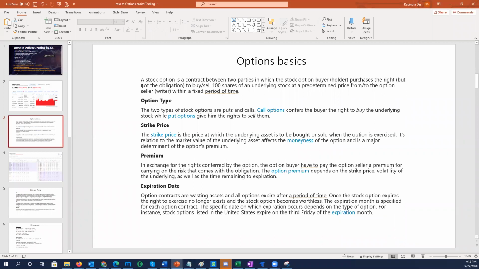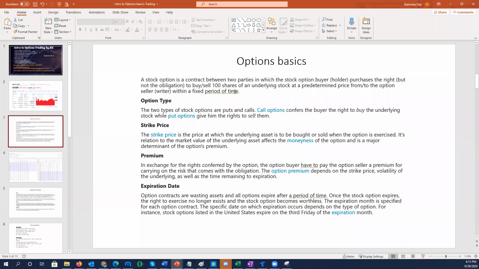So if you understand this again, the buyer has the right, not the obligation, to buy or sell 100 shares of the underlying stock at a predetermined price from the option seller, the writer, within a fixed period of time. Okay, that means 3 months period of time. So that is the little bit of basics. That means you are controlling 100 shares with a little bit of money.